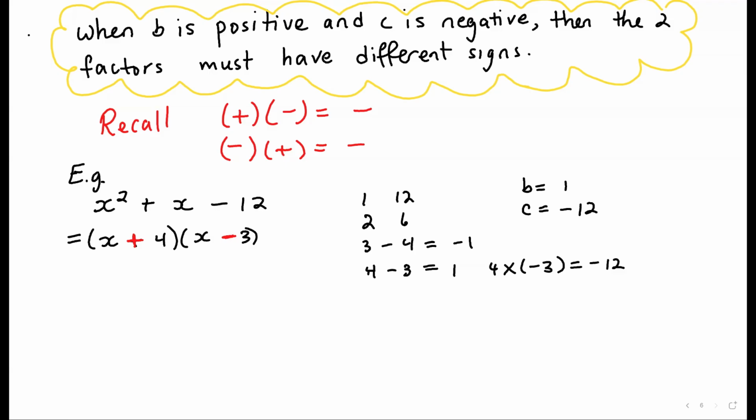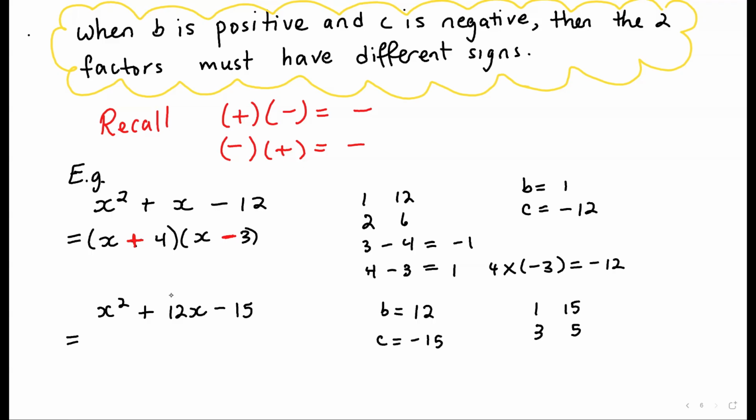Let's say I had x squared plus 2x minus 15. So again, positive B, negative C. Sorry, not 12, guys.